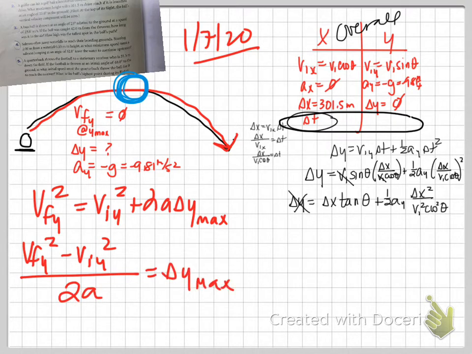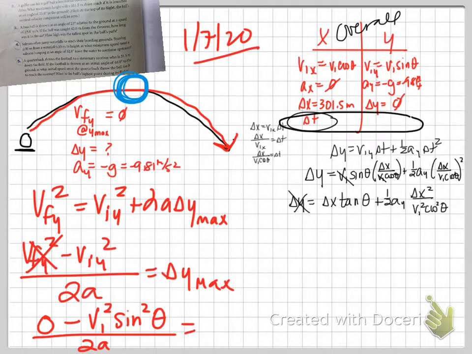And VFy squared we know is 0. So that's 0 minus, well, what is VIy, did we say? VI, this would be VI squared sine squared theta, whole thing over 2a equals delta y max. Oh, okay. Whew. Excellent. Are we done? Do we have a problem?